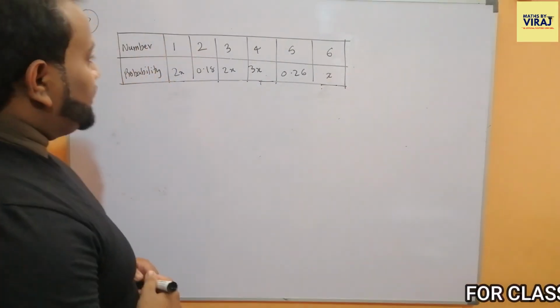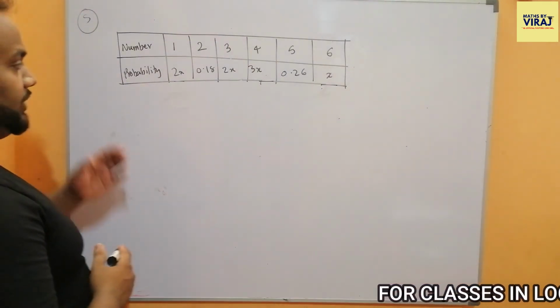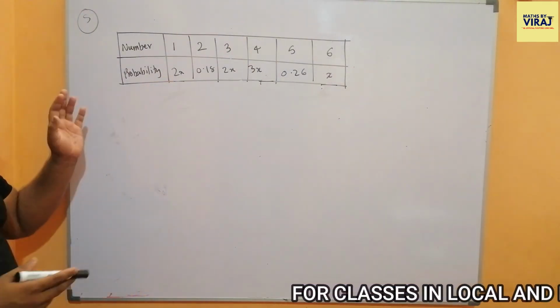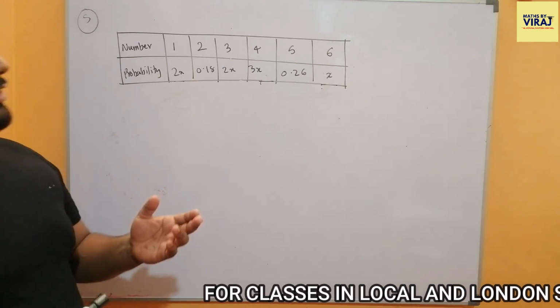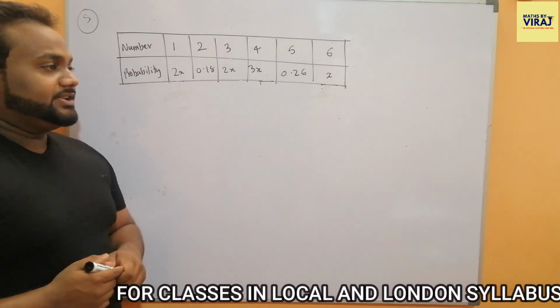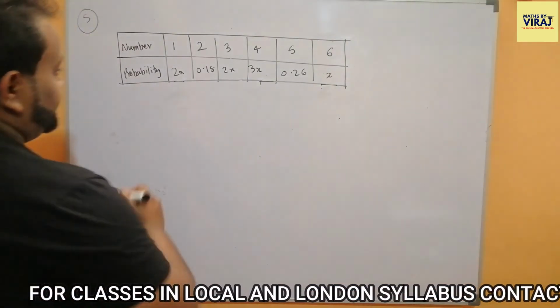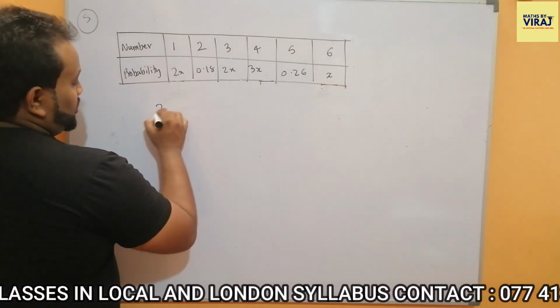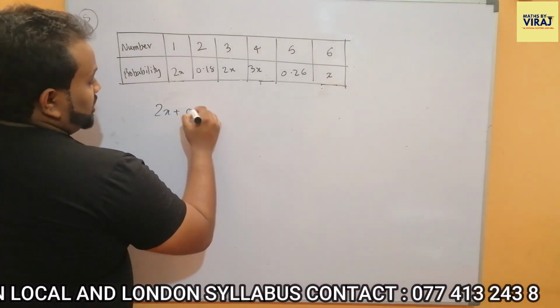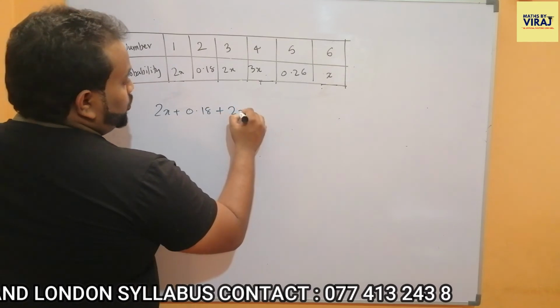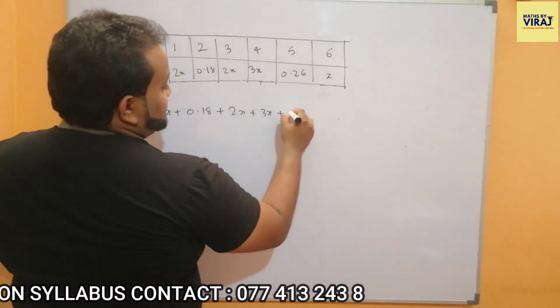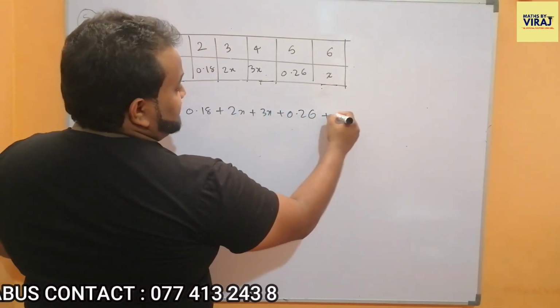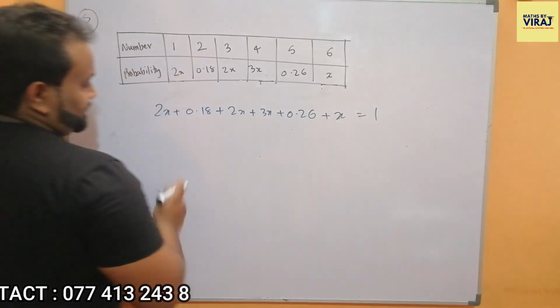Children, when doing calculations in probability, what you should understand is that all the values of probability when added together, the answer that you get is 1. Therefore, I can write this as 2x plus 0.18 plus 2x plus 3x plus 0.26 plus x is equal to 1.